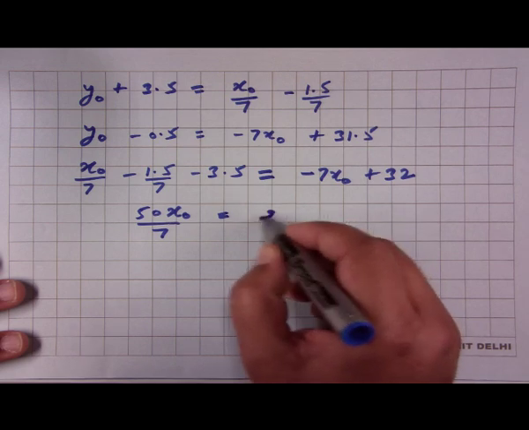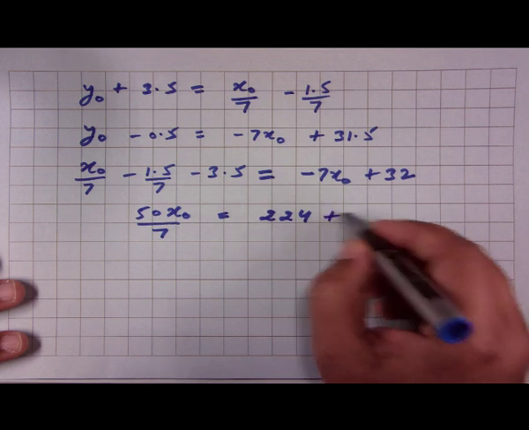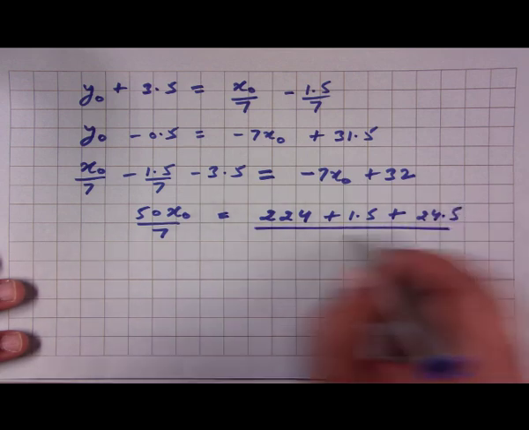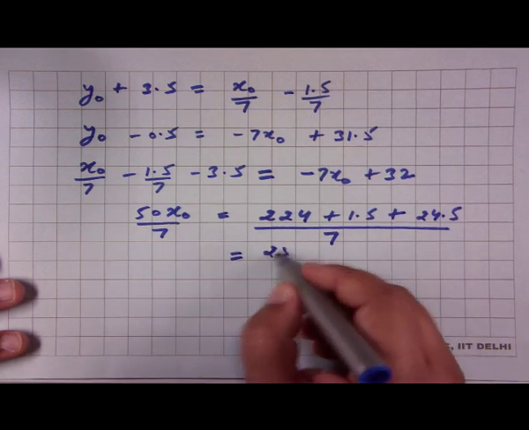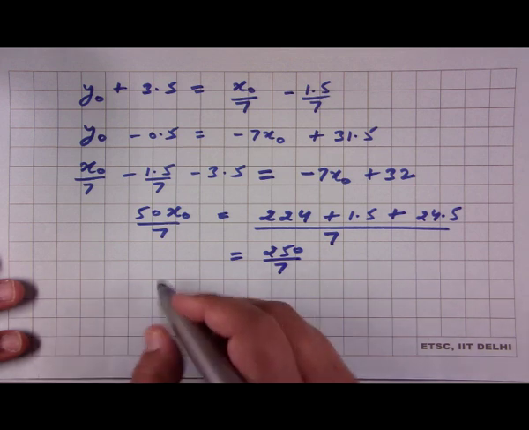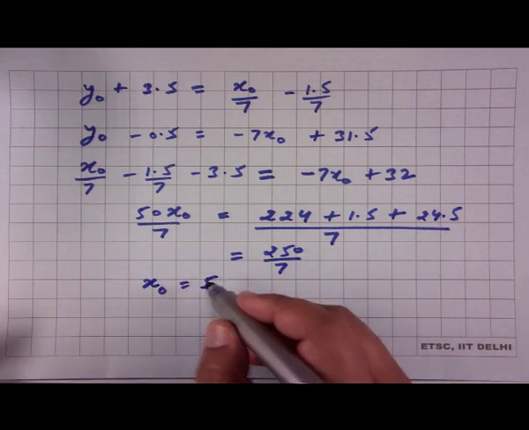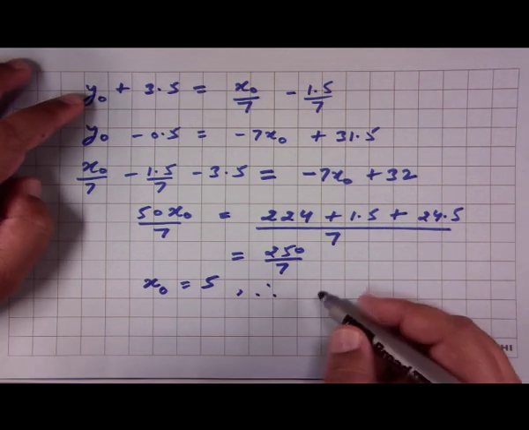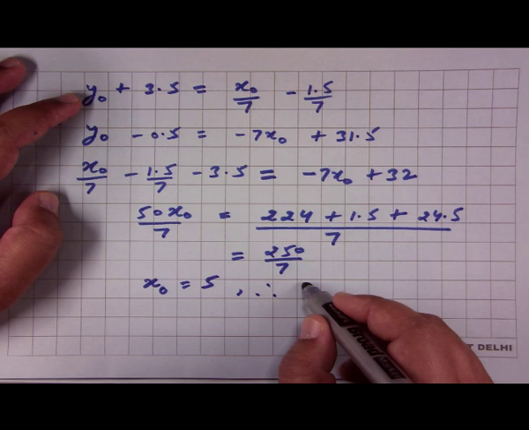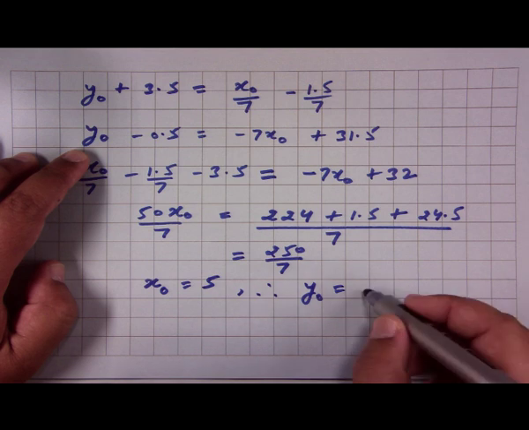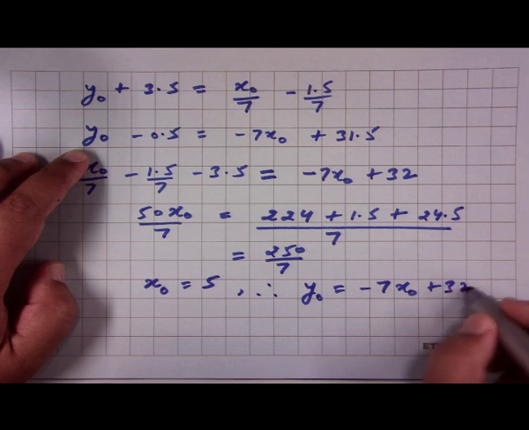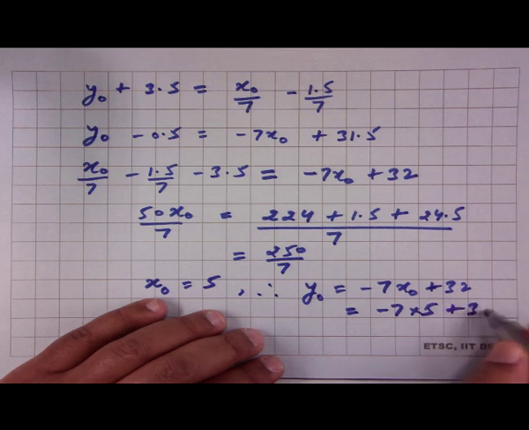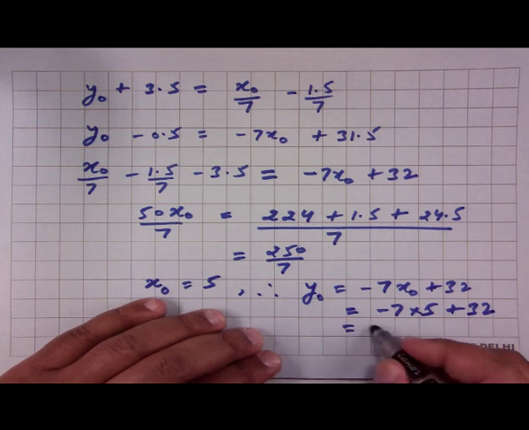So, we get, from where we get that the x coordinate of the center of the circle is 5, and therefore, from this equation, or basically from this equation we have y naught equals minus 7 x naught plus 32 equals minus 7 times 5 plus 32, which is minus 3.